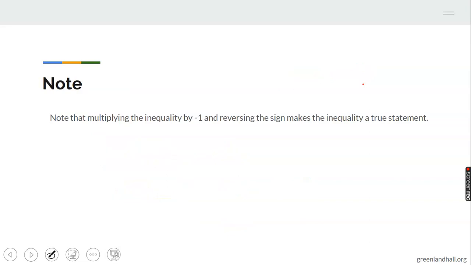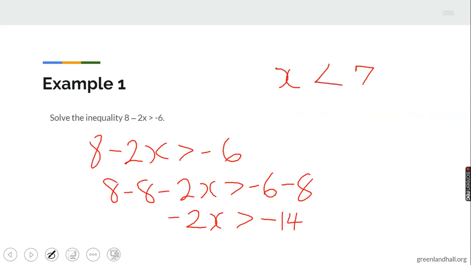Note that multiplying the inequality by minus 1 and reversing the sign makes the inequality a true statement. How do you check that it is true? If you go back to what we have, 8 minus 2x is greater than minus 6, and we said the solution to the inequality is x less than 7. So pick out two numbers less than 7. I'm going to use 6 and 5.